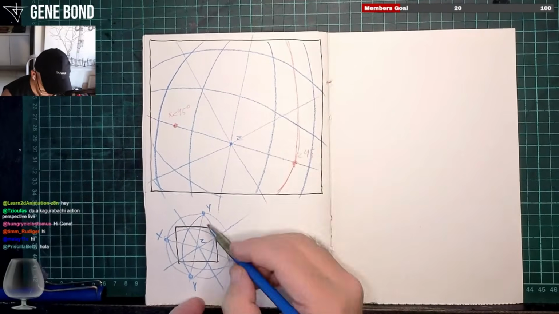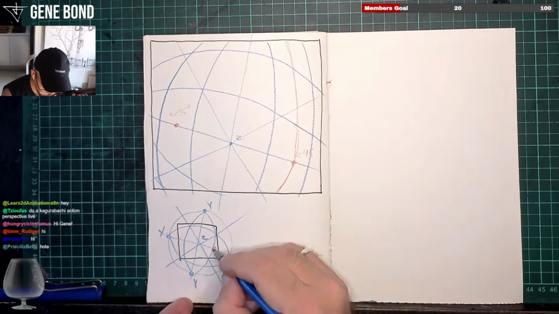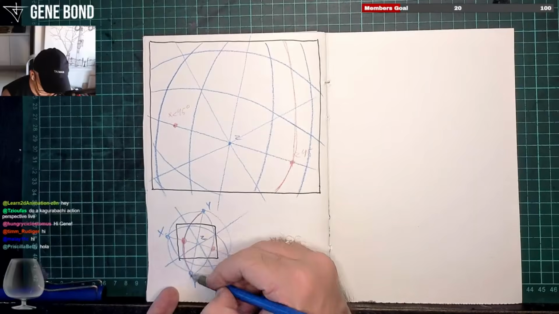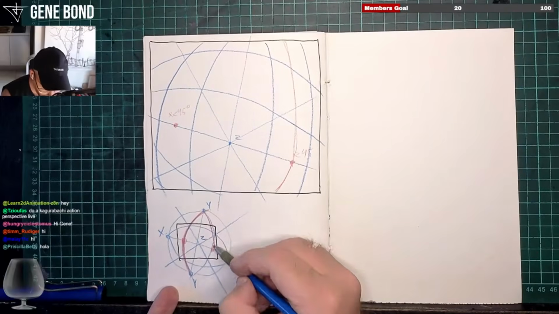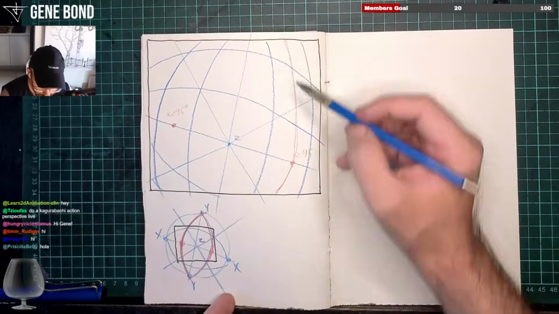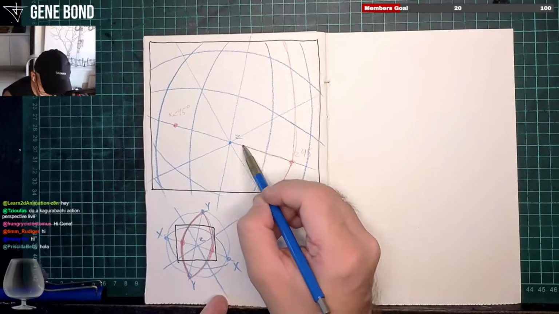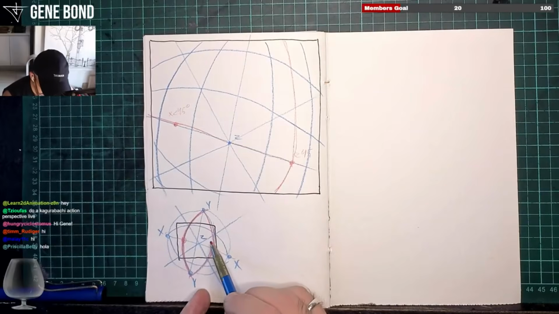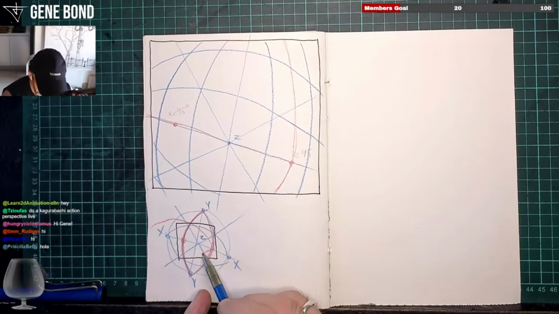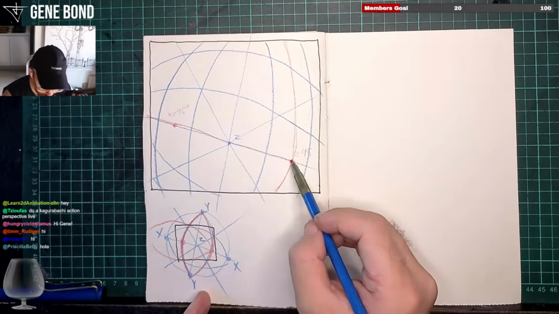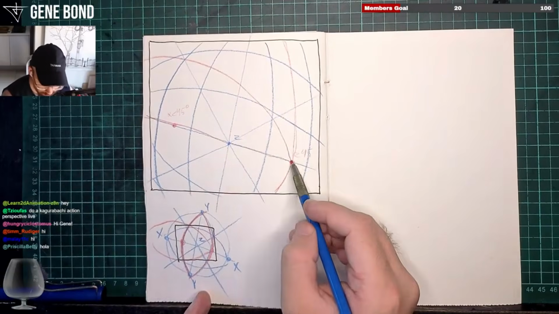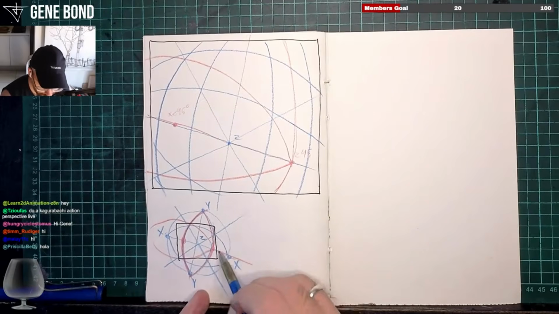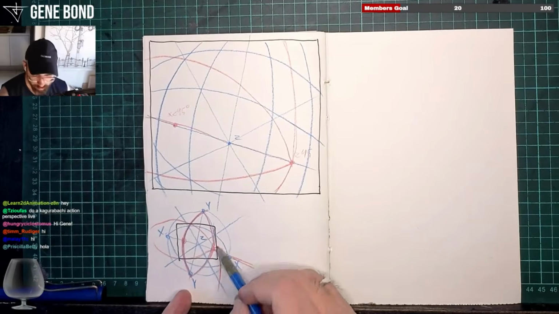Remember how we draw it? Have this 45, then you draw a curved line to y vanishing points. Then I have horizon line, and then I draw this curvature. Okay, then I have this horizon line here, and I draw curvature here.